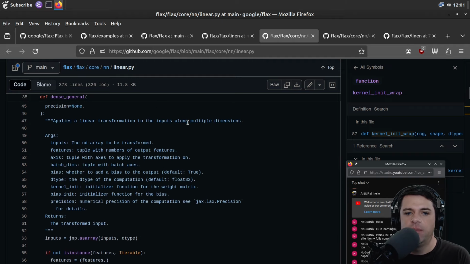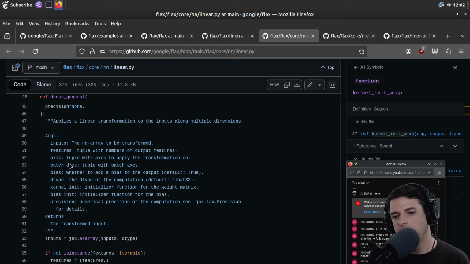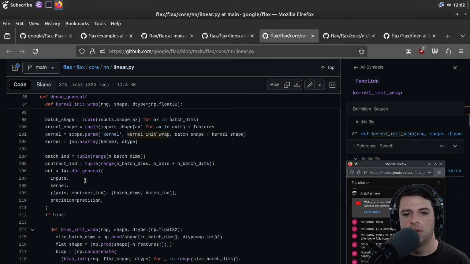Okay, maybe it will tell me. Kernel init: initializer function for the weight matrix. So I'm guessing that's the linear part of the operation, and maybe the linear map is just called the kernel.